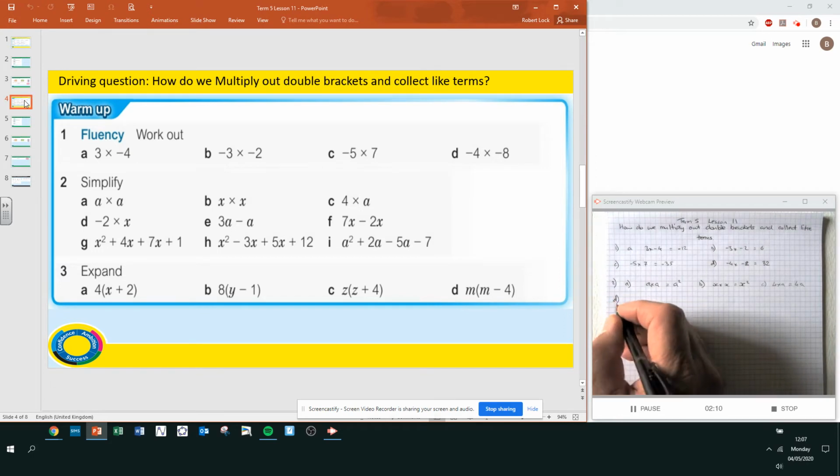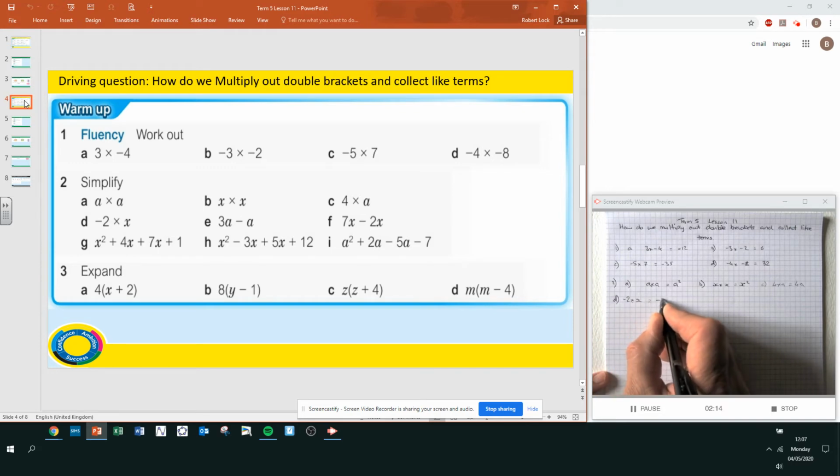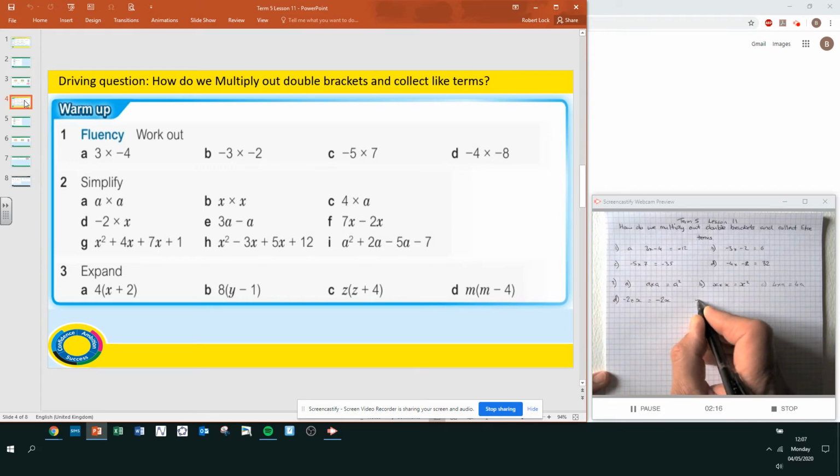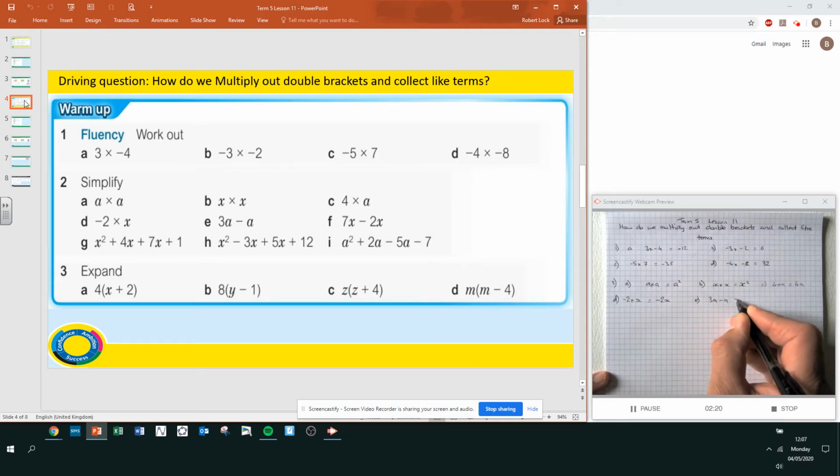D. Minus 2 times X equals minus 2X. E. 3A minus A equals 2A. F. 7x minus 2x equals 5x.